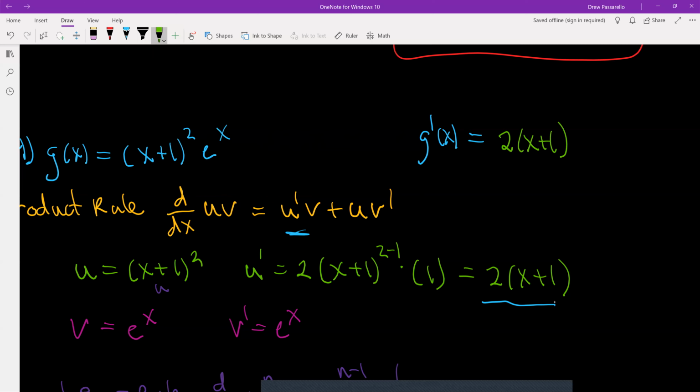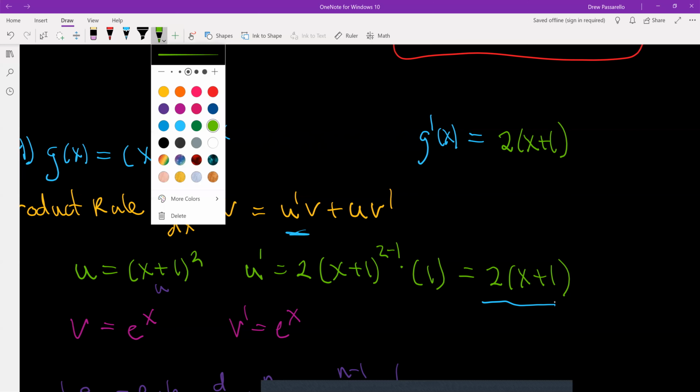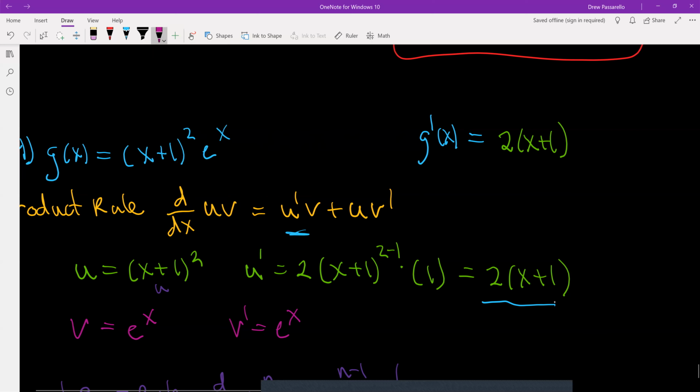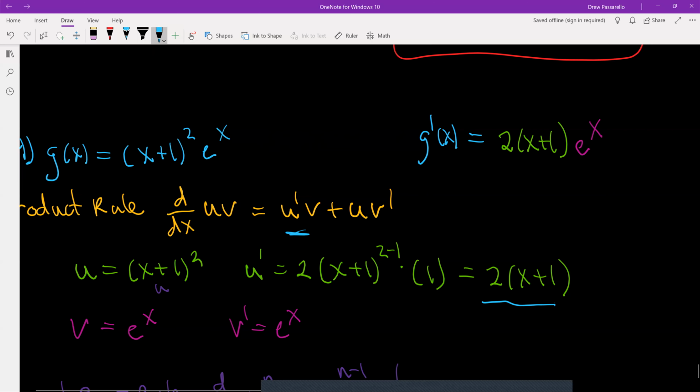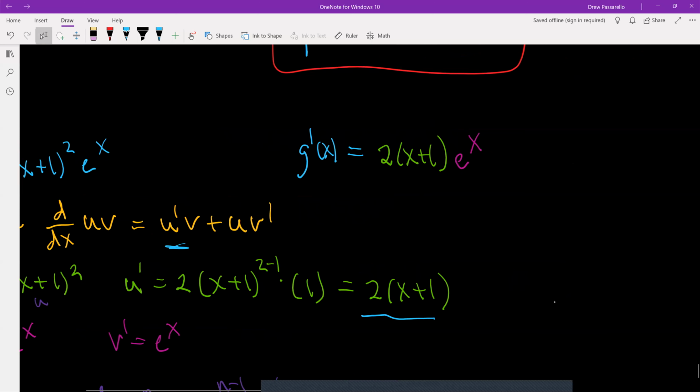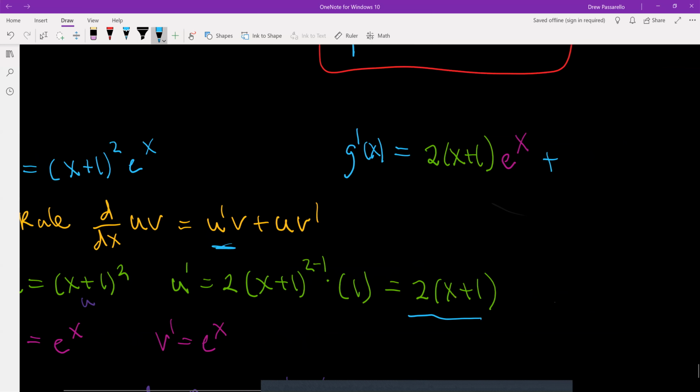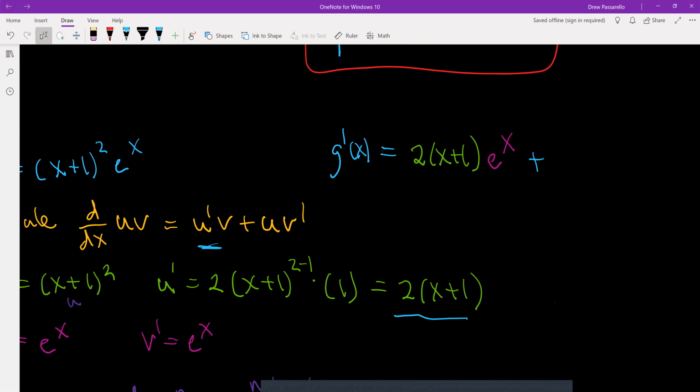And then v and v prime are the same. They're both e to the x, so that's nice. So it's going to be e to the x. All right, that's the u prime times v, then plus u times v prime. U is x plus 1 squared, and then v prime is the same as v, it's e to the x.